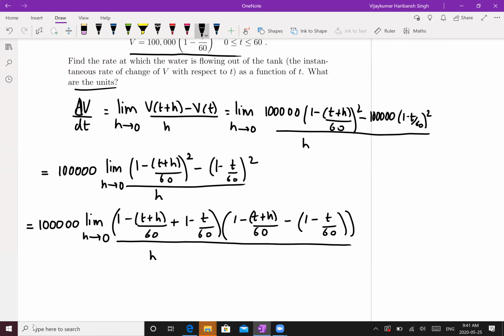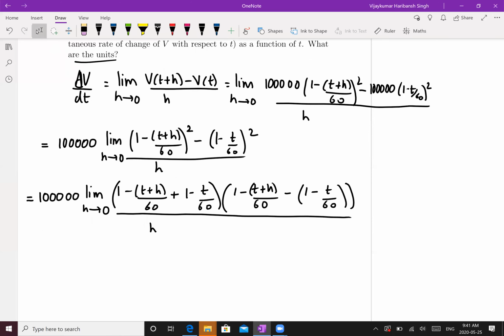Right. Now we have to simplify it. So let's simplify this. So this is going to be 100,000 times limit as h goes to 0.